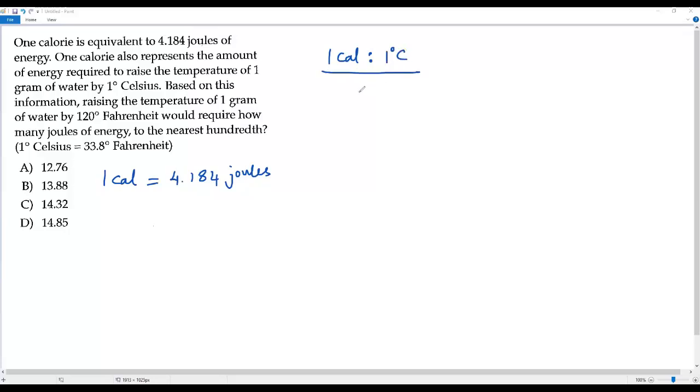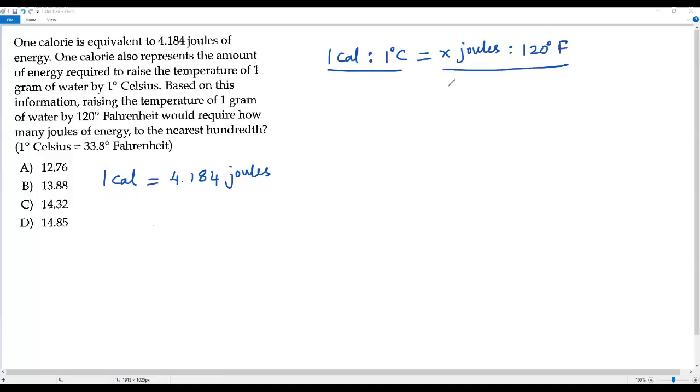The aim of the question is to find the amount of energy in joules required to raise 1 gram of water by 120 degrees Fahrenheit. This is the given information, and this is the question to be answered.